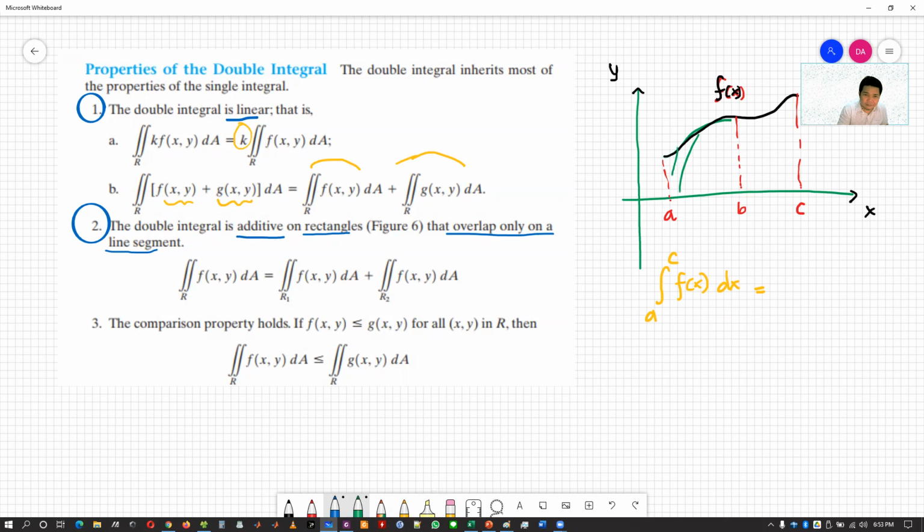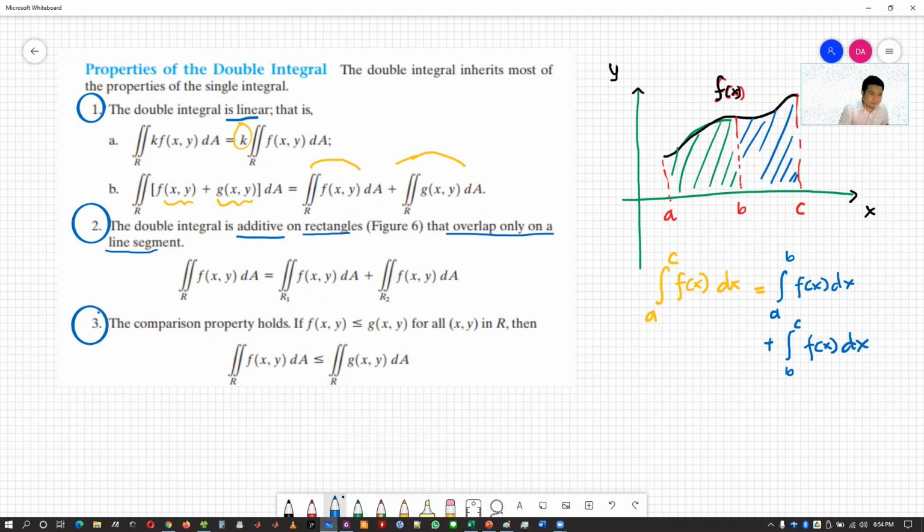Either directly, or we split it at B: from A to B, the integral of f(x) dx, and then we add the rest, the integral from B to C of f(x). This is what we call additive, and exactly the same idea holds for two dimensions.